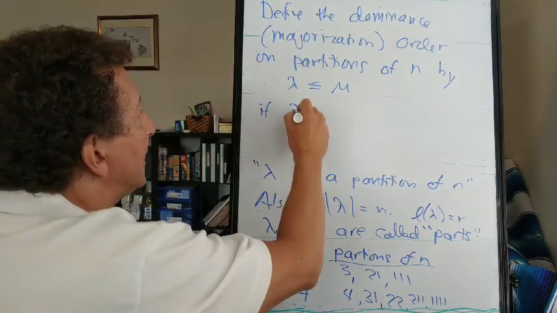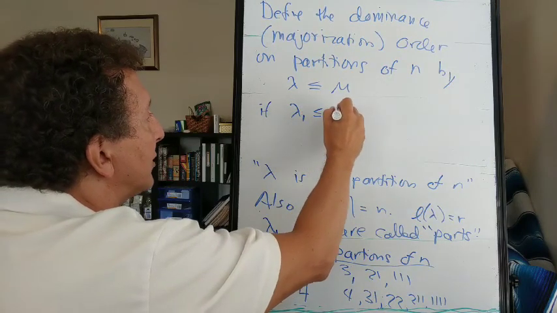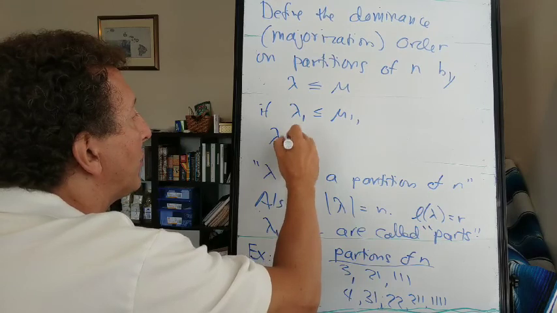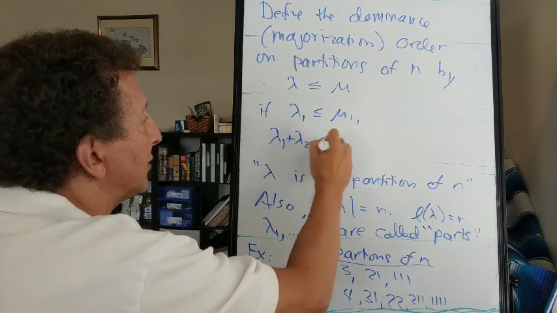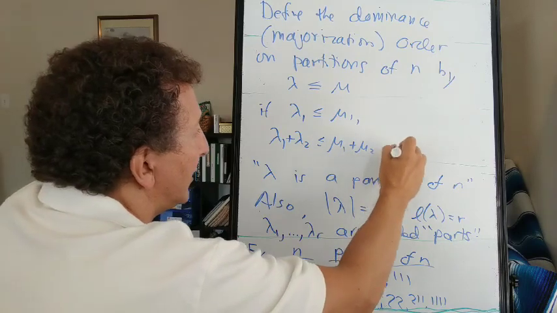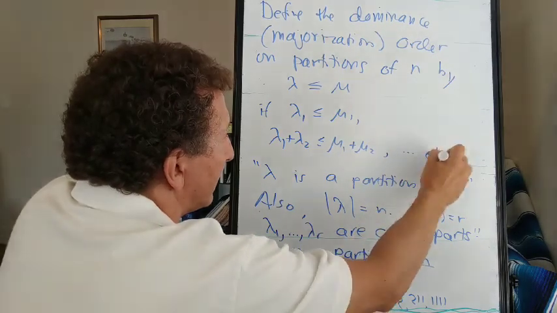So if lambda 1 is less than or equal to mu 1, lambda 1 plus lambda 2 is less than or equal to mu 1 plus mu 2, etc.